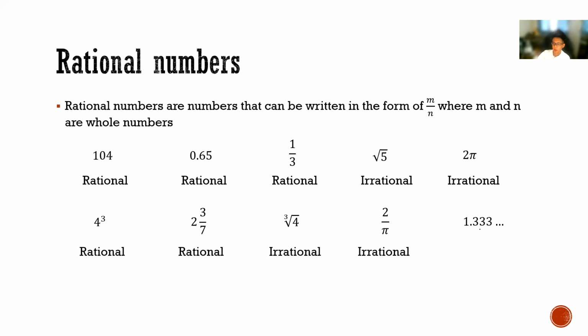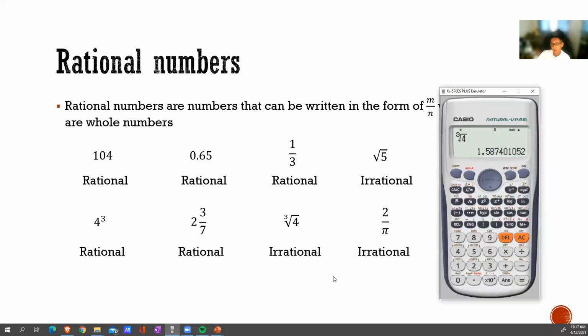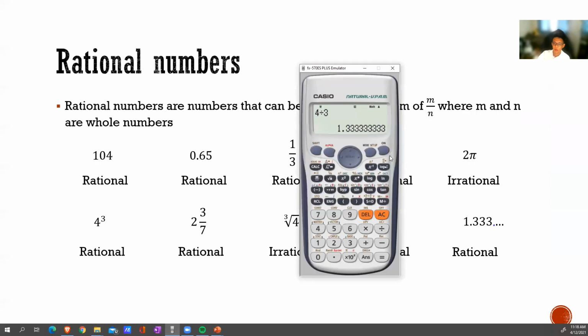How about this 1.333 keeps going on and on? This is actually rational. See, 1.333 like that is actually 4/3. 4 divided by 3 is your 1.3333, where the 3 repeats.